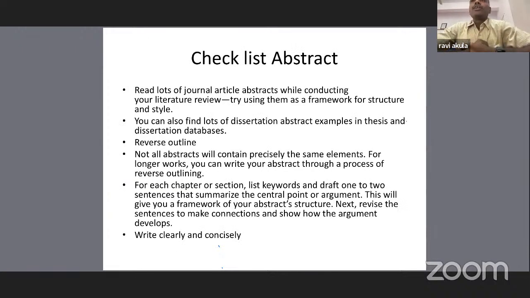So while preparing the abstract, one needs to be careful and make sure that certain things are confirmed. So read lots of journals, articles, and abstracts while conducting your literature review. Try using them as a framework for your structure and style.